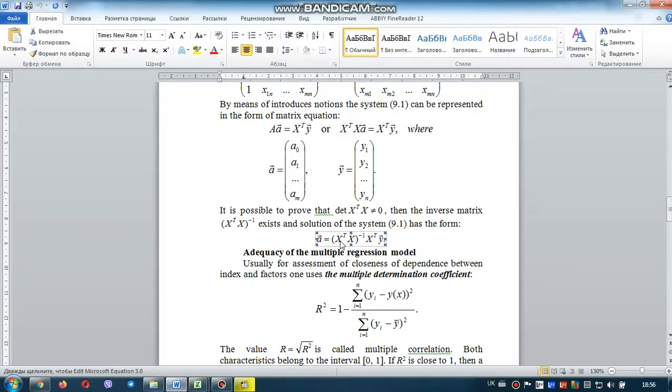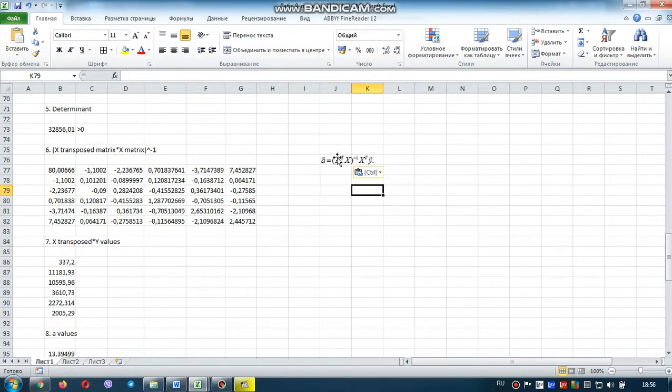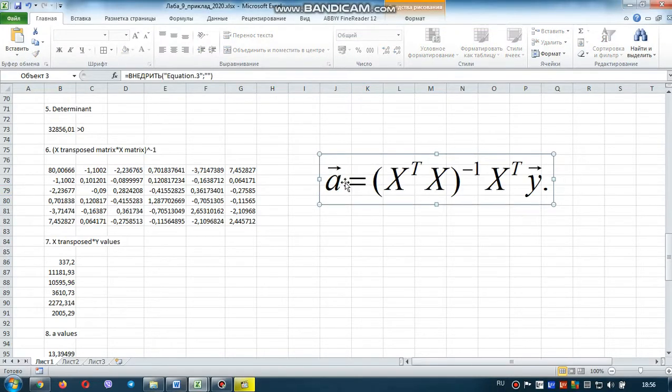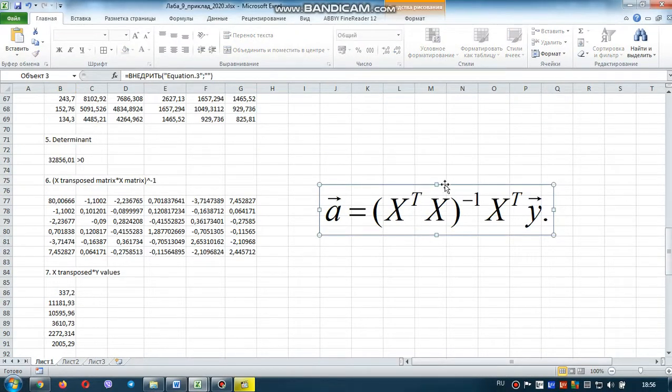For more convenience and for your understanding, these A values, we have already obtained these values. This is the inverse matrix of the product of our transposed matrix and x values.